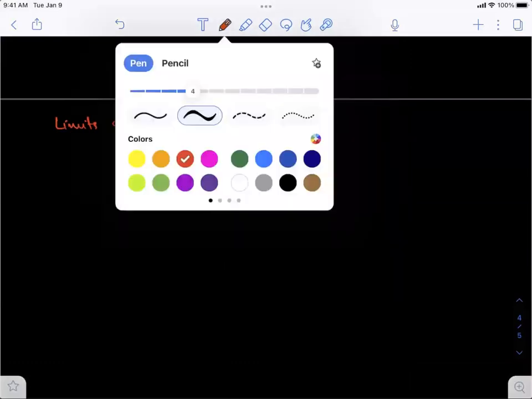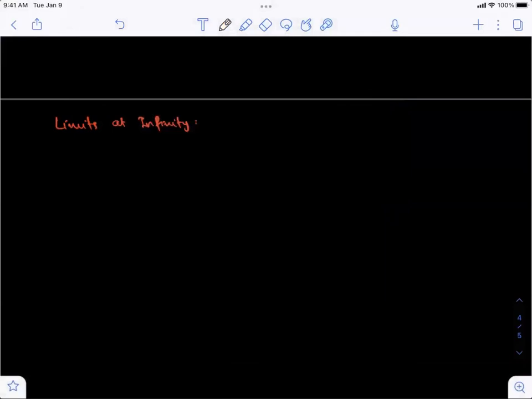To find the limit at infinity, you calculate the limit of the function as x approaches negative infinity, and hopefully it gives you some value. And you find the limit of the function as x approaches positive infinity, hopefully giving you some value.